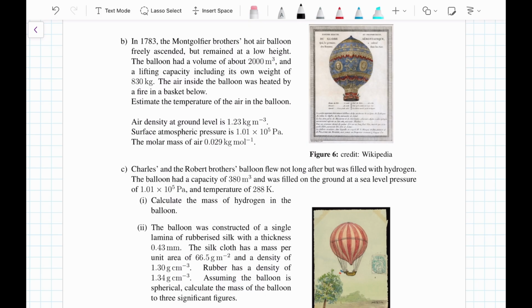The weight of the balloon would consist of the 830 kilograms of its own weight, and also I suppose the heated air inside the balloon, and then it has to cancel out with the buoyancy of the air acting on the balloon.